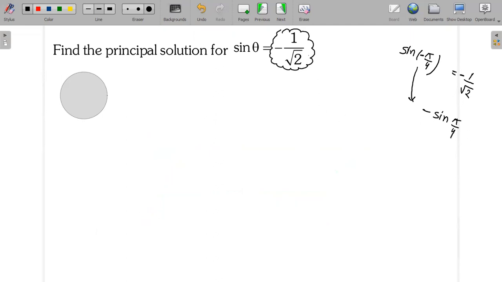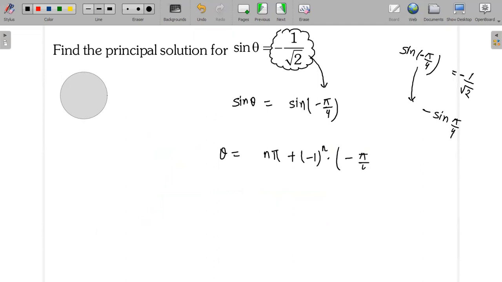Now here I find the value of alpha. It is negative pi by 4. So let me write this expression again. Sine theta equals sine of negative pi by 4. Half of the work is done so far. Now the next thing is to generalize this expression using the formula n pi plus negative 1 to the power n times alpha. Here your alpha is negative pi by 4.